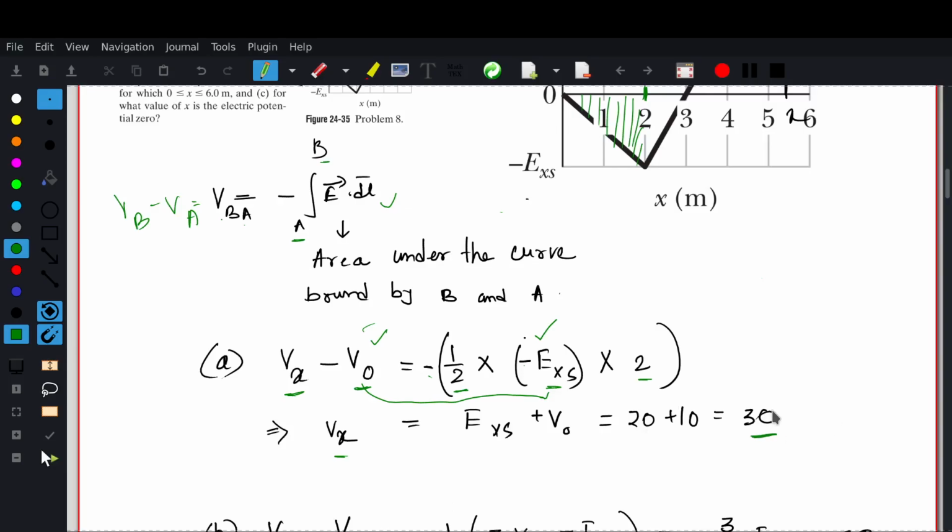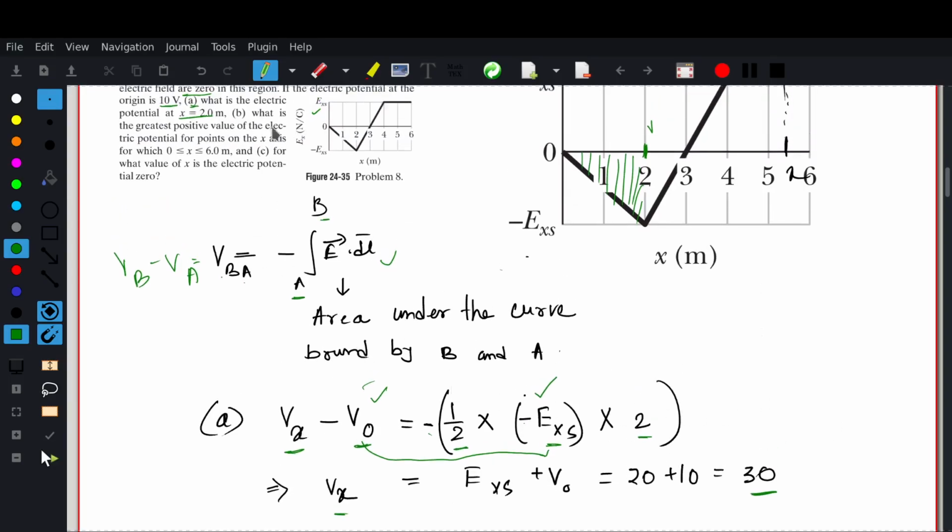So the second question is, what is the greatest positive value of the electric potential for points on the x axis between 0 and 6 meters? What is the largest positive value?